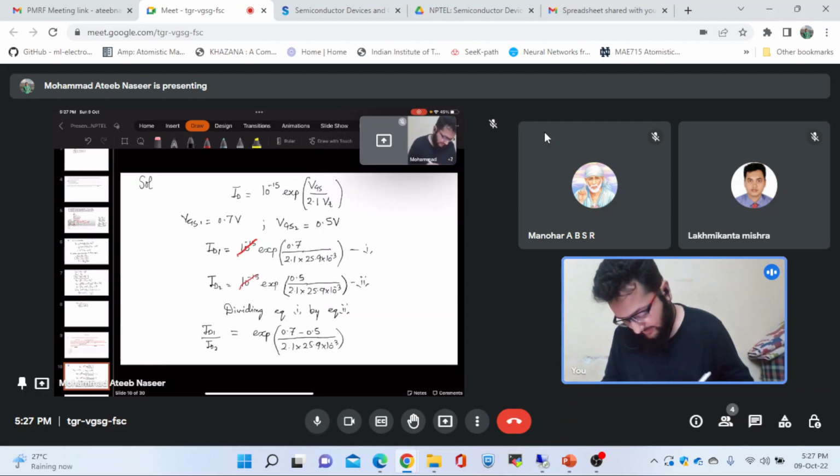So it will simply be equal to exponential of 0.2 divided by 2.1 into 25.9 into 10 to the power of minus 3.